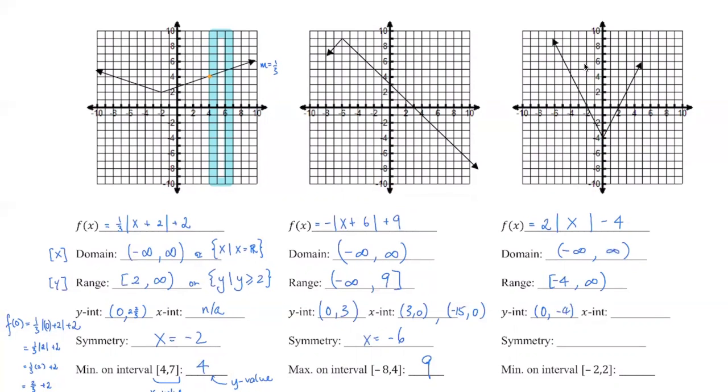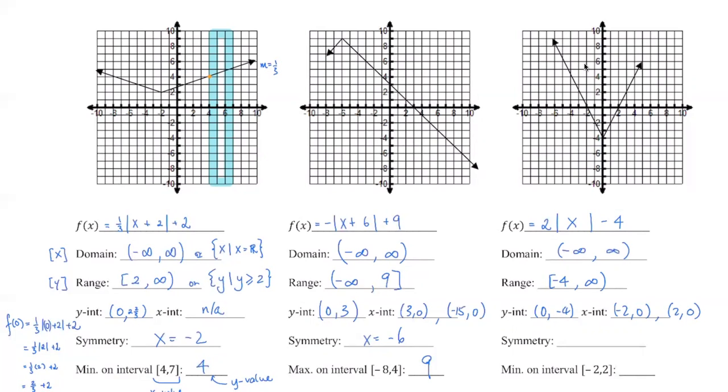And the x-intercepts are going to be (-2,0) and (2,0). By the way, when we ask for a y-intercept and x-intercept, please make sure that you are presenting a coordinate pair for each point, because we're asking for a point, so we need an expression of a point.